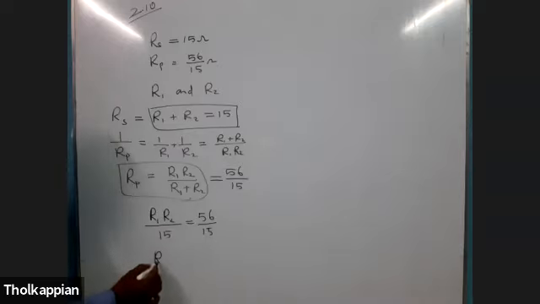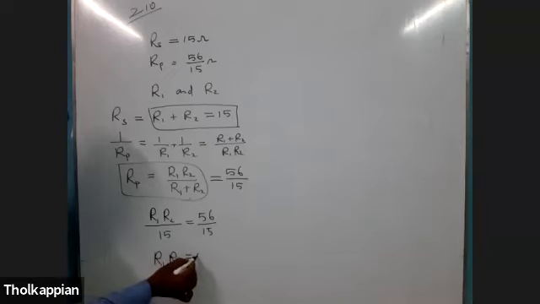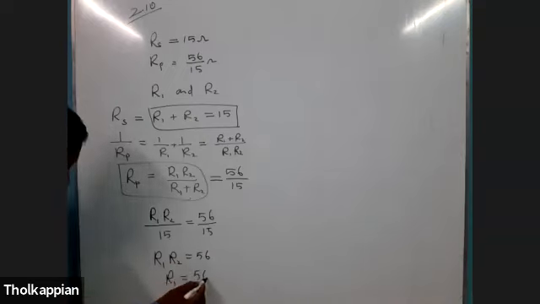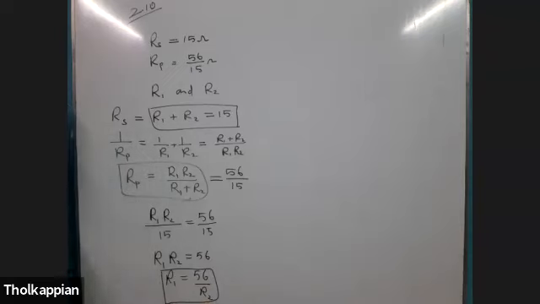Now R1 R2 is equal to 56. Or else you can write that R1 is equal to 56 by R2. R1 is equal to 56 divided by R2.